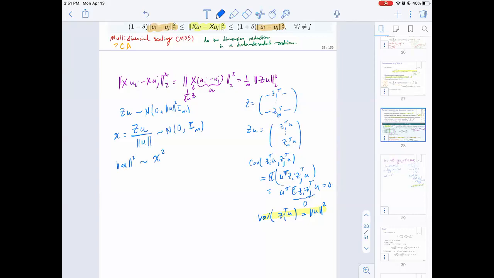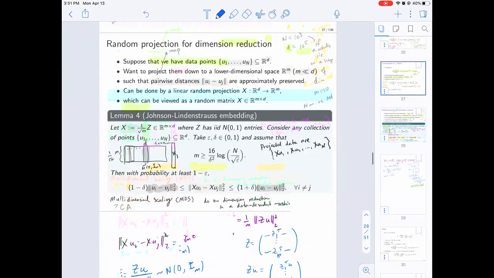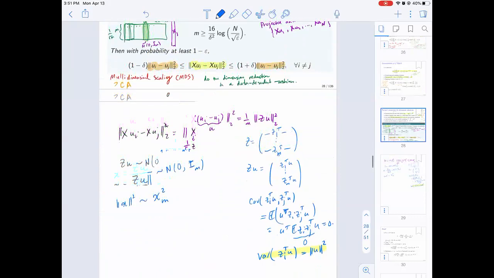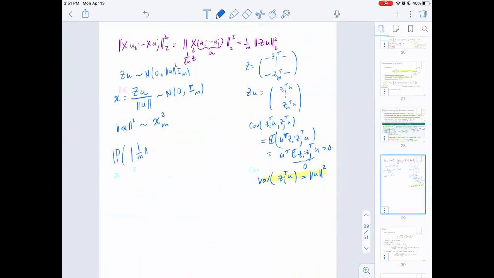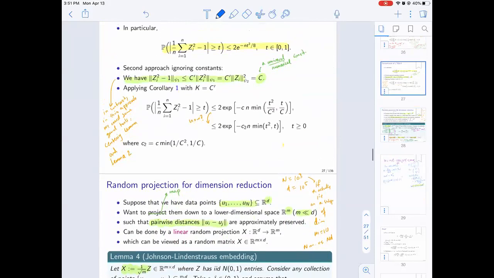Is that correct? Yes. Okay, then I can use this result that I had: the probability that |(1/m) norm of x squared minus 1| is bigger than t is less than or equal to e to the negative t squared m over 8. I'm applying this to my x.